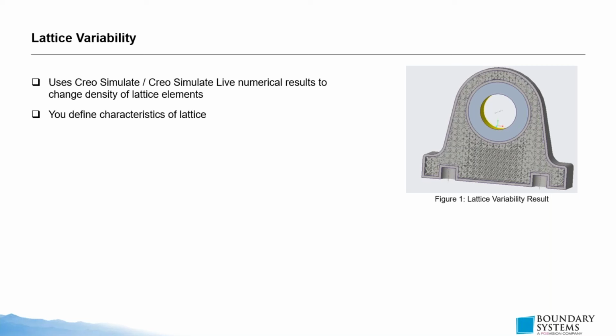Using that point data set, the lattice feature will be able to change the density of lattice elements to satisfy that sample of 1,000 points. We can still define characteristics of our lattice. Depending on what kind of geometry of our lattice we want, we can still change and play with those. However, now we can actually use simulation results to change the density of our lattices.